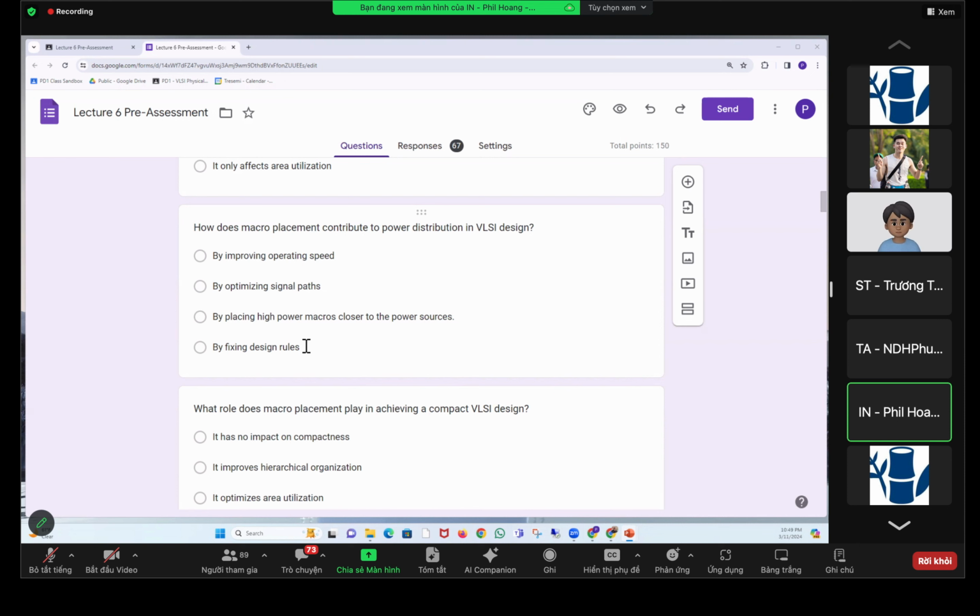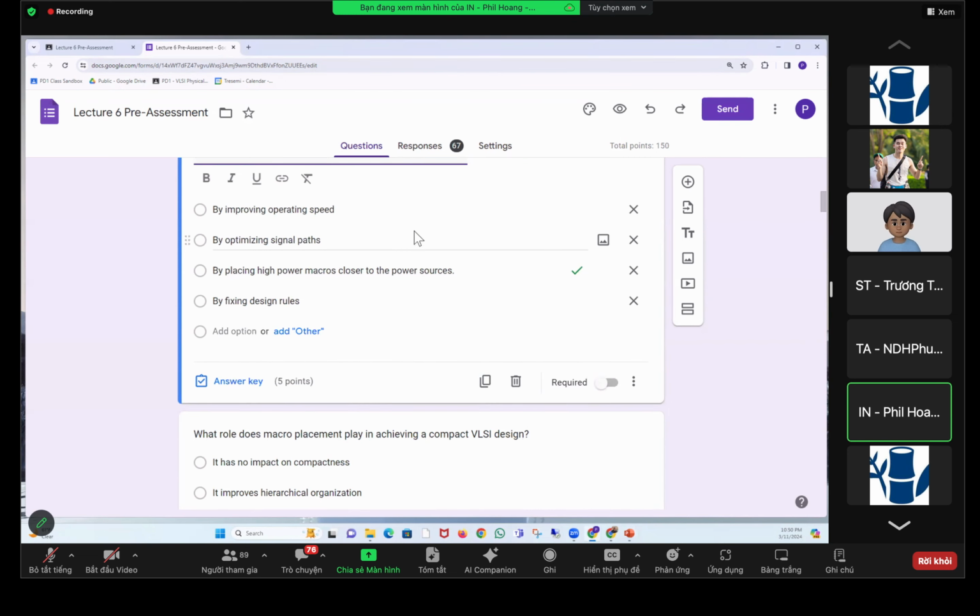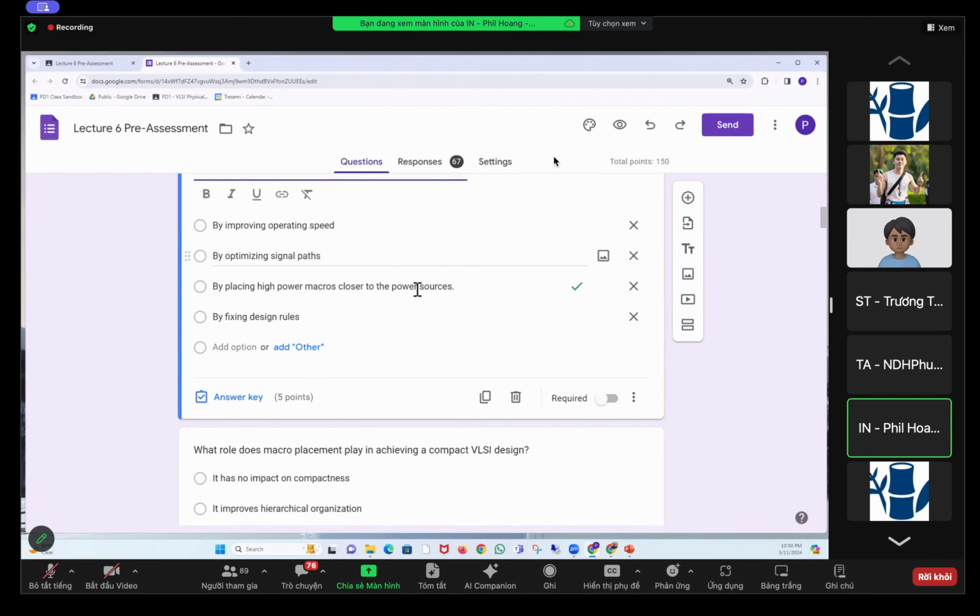Improving the speed is not related to power distribution, and neither is optimizing signal paths. The correct answer is C.